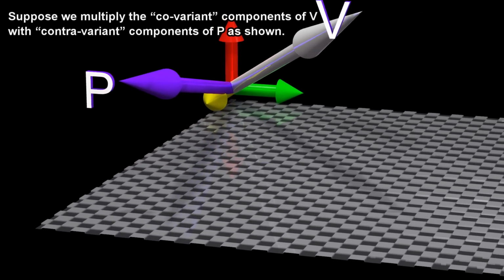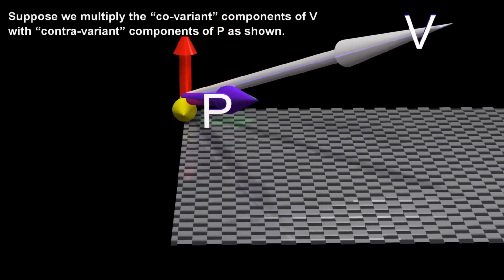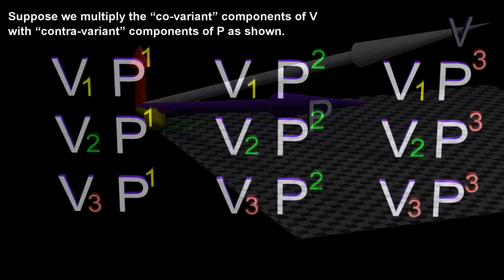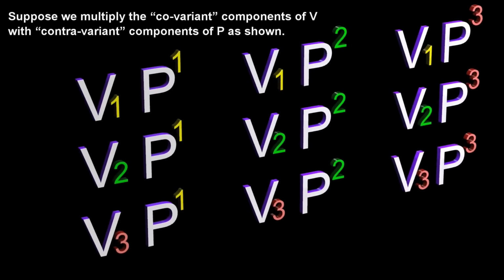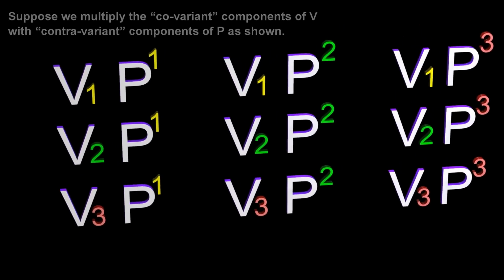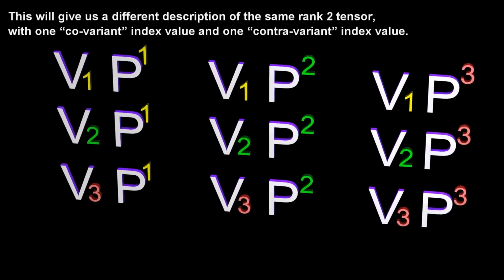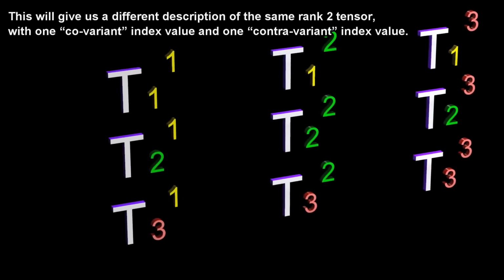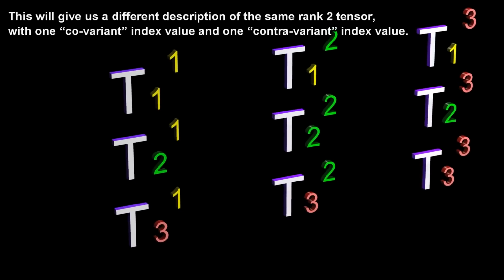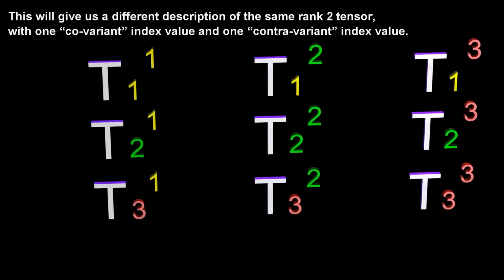Suppose we multiply the covariant components of v with the contravariant components of p as shown. This will give us a different description of the same rank 2 tensor, with one covariant index value and one contravariant index value.